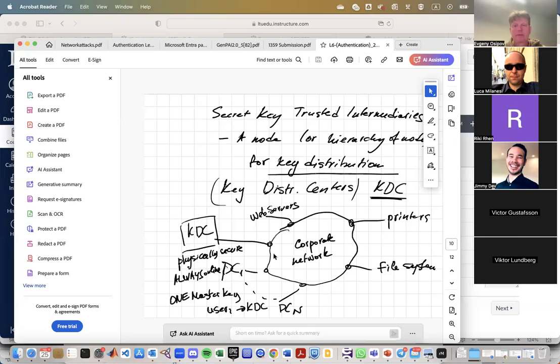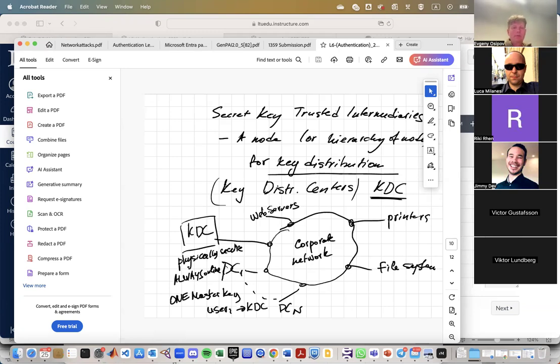The main difference from the public key infrastructure is, well, there are two. First, in the context of Kerberos, we use only secret keys for all purposes, for purposes of authentication, for purposes of encryption, etc. And it is assumed that these keys are distributed in a very, very secure manner.